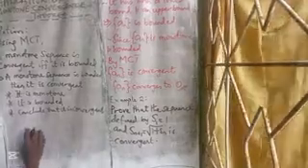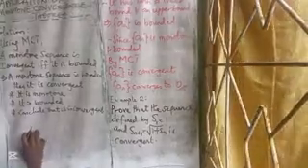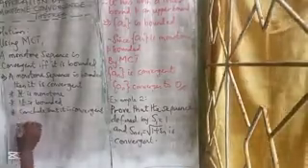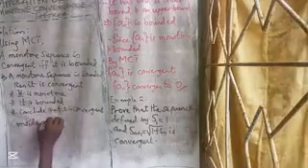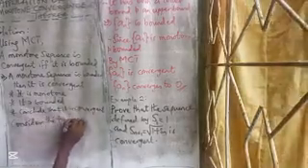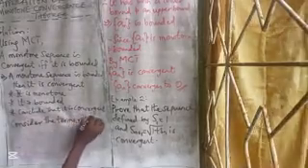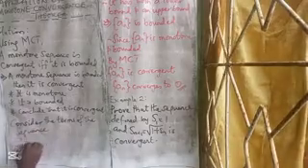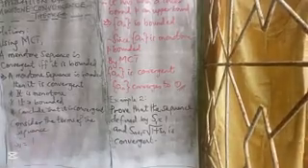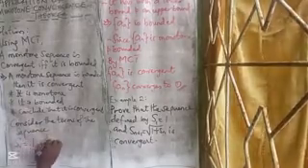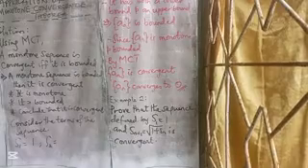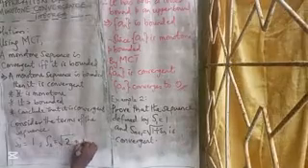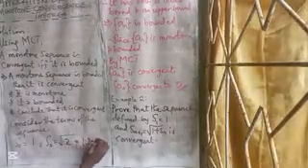Let's consider the terms of the sequence. S1 is 1. S2 will be the square root of 2, and that is 1.414.